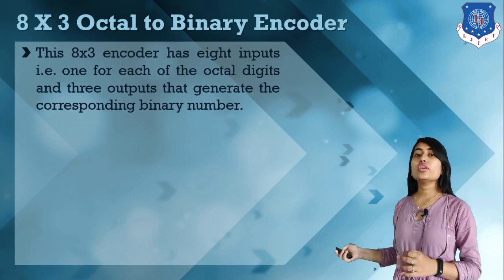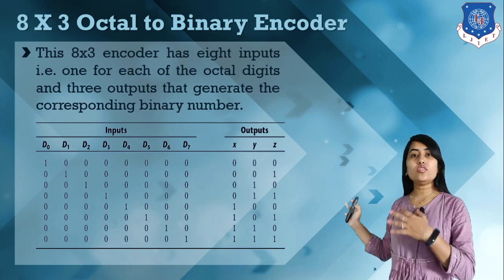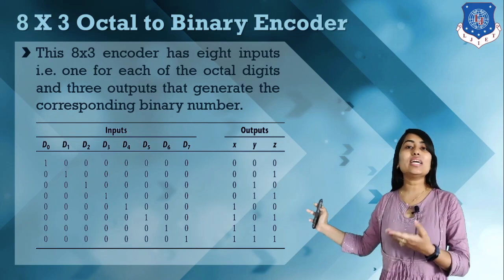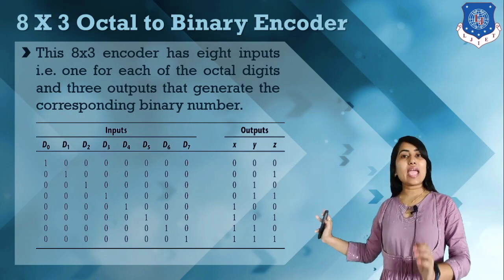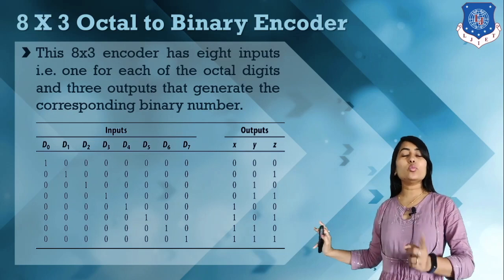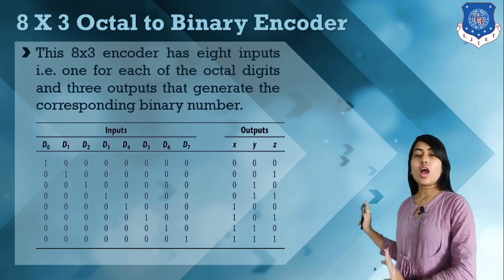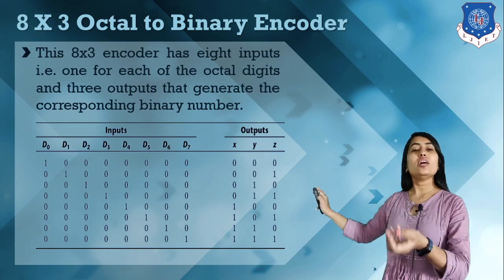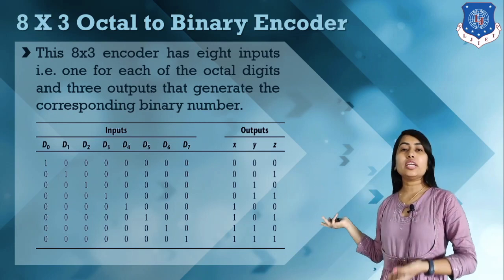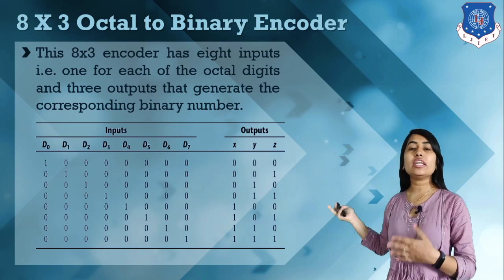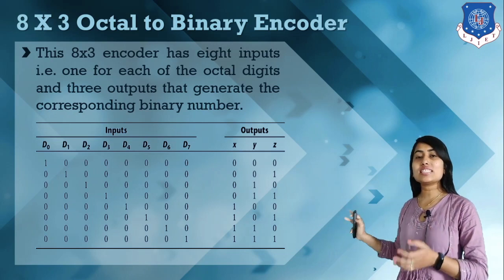Here we have this kind of table. We have a total of 8 input lines, and at a time only one input is active high, and according to that input we get the outputs accordingly. So here we have a total of 8 inputs: D0, D1, D2, D3, D4, D5, D6, D7.